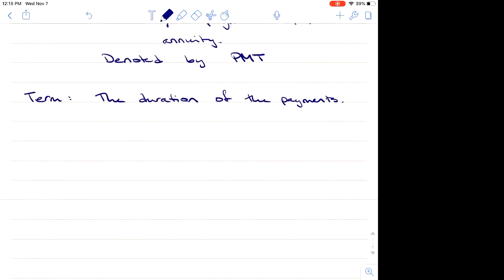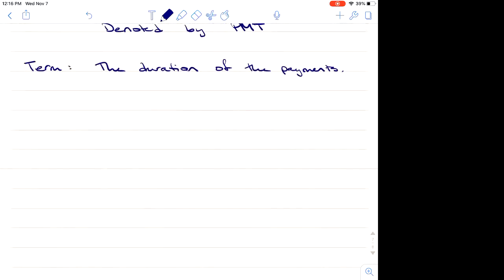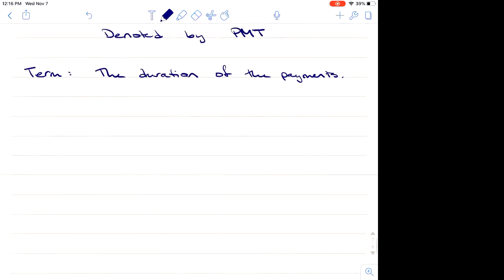Here's a twist. For annuities, N isn't going to be the number of compoundings anymore. N is going to be the number of payments. Did I say that right? Yeah, I did. I tell you with a straight face, and then I have to check if it's right. It is. I knew it.